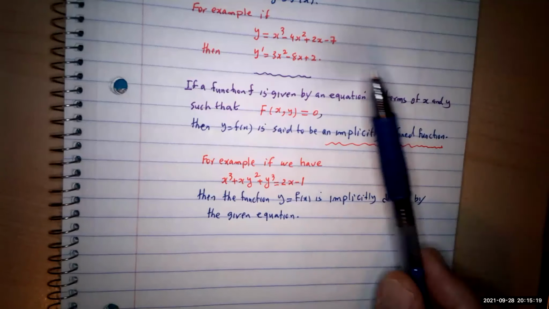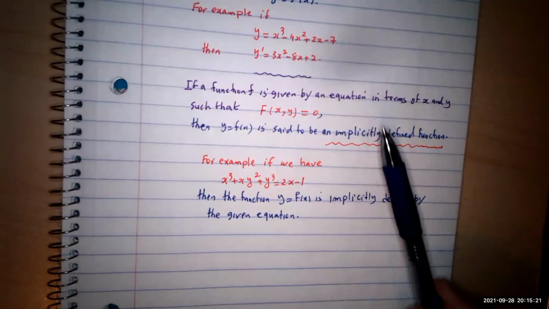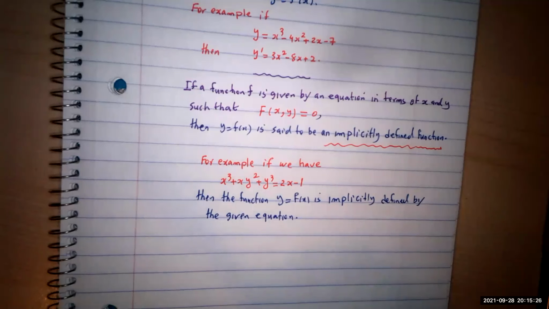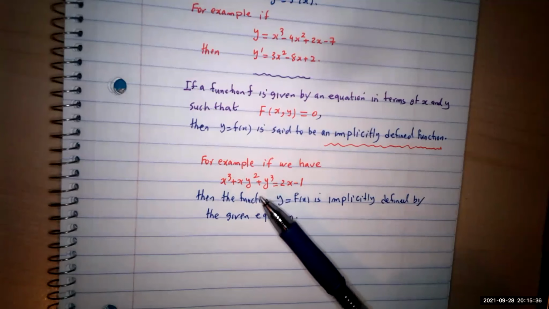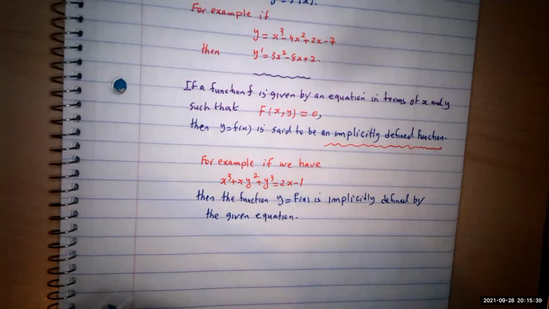So if the equation is given to you implicitly, you differentiate it. When we get to the x, you just use the ordinary power rule: the derivative of x to the n is n x to the n minus 1. But when we get to the power of y, you have to apply the chain rule. That's going to be the difference between these two.